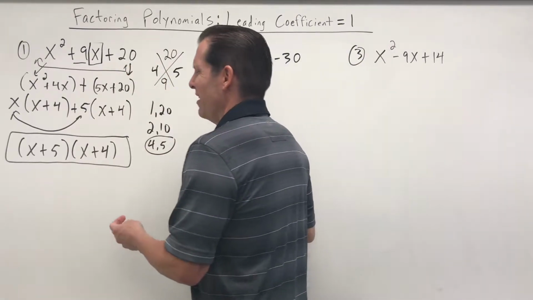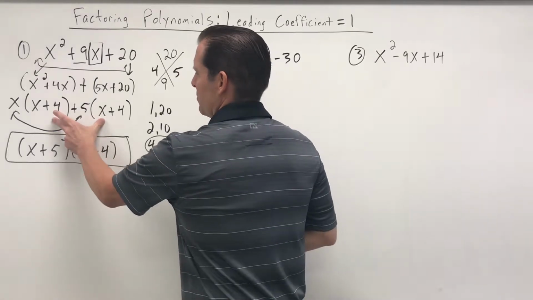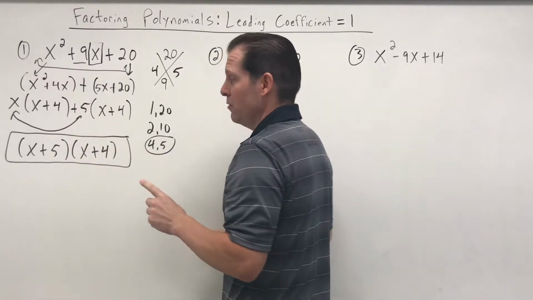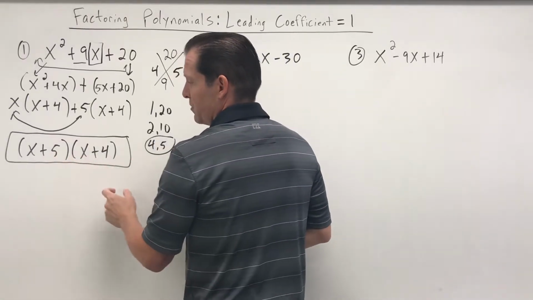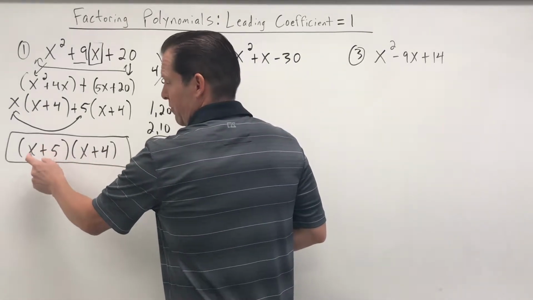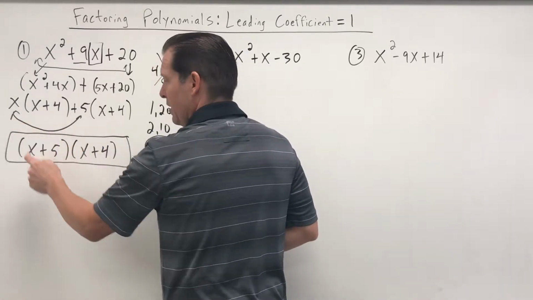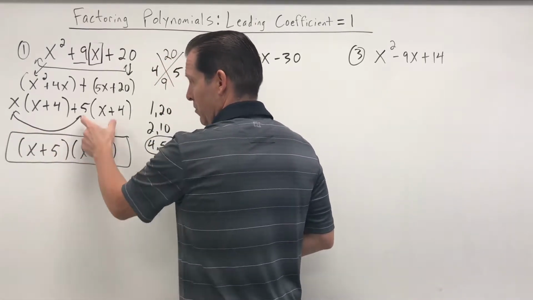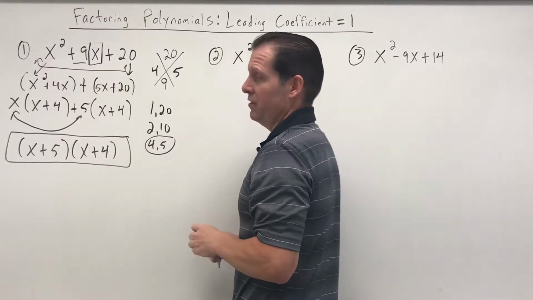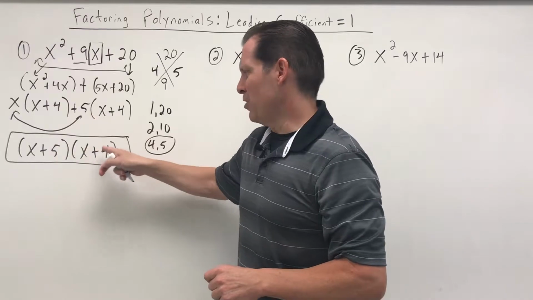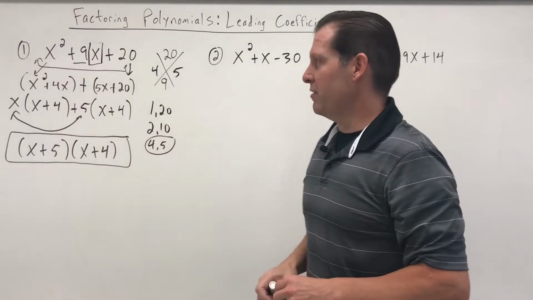Students will say, well, how come you have 2 x plus 4s here and only 1 here? Remember that when you multiply two binomials, you use the distributive property. So it would be x times x plus 4, and I have that right here. Then it's going to be 5 times x plus 4, and I have that here. So they're equivalent. Just be careful about that, because some students will want to put the x plus 5 and then put 2 of these, which of course is not correct.